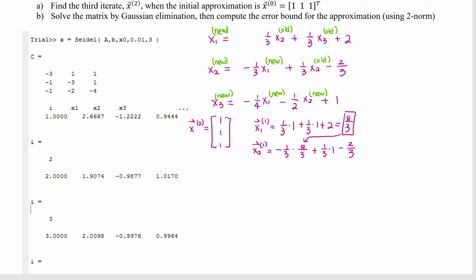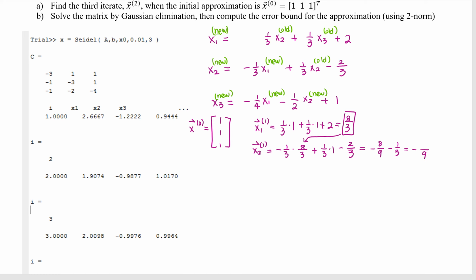The Gauss-Seidel method is harder than the Jacobi method because there is more data and you have to update it in each step. So you have to be very, very careful, and figure out which number you choose. This is minus 8/9. This is plus 1/3, minus 1/3 is the same as minus 1/3, and 1/3 is like 3/9.